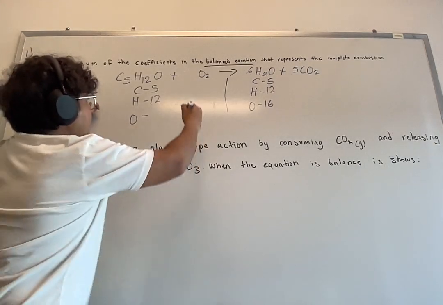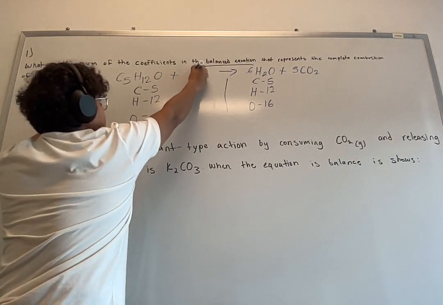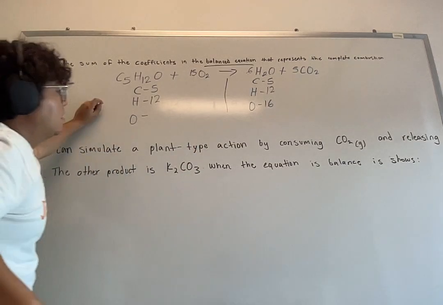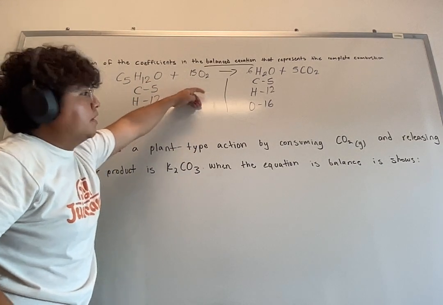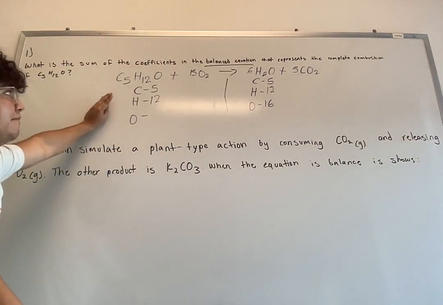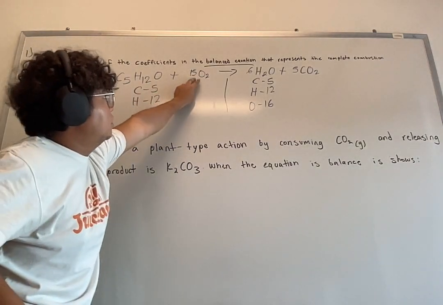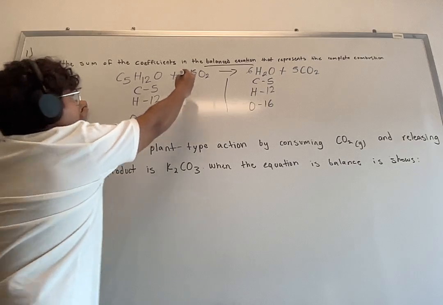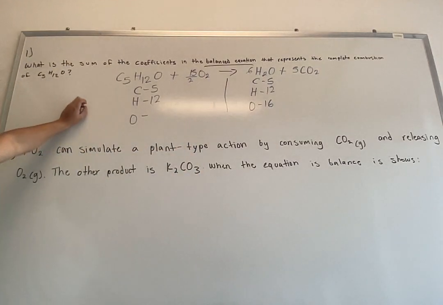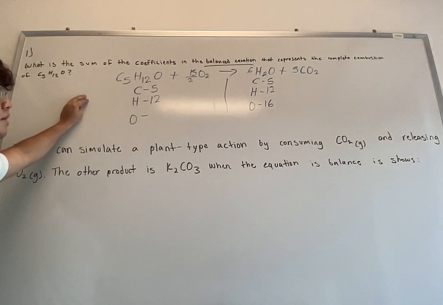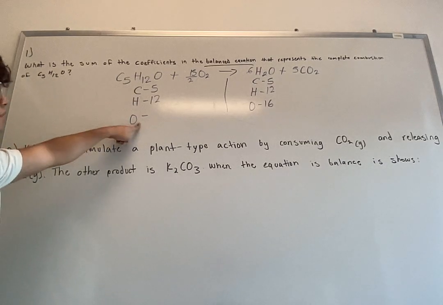Now, the problem here, oh man, I wish I could put 15 right there. The problem here is that oxygen is diatomic. So for me to actually get 15 from this oxygen, I would have to divide by 2. And this would give me the coefficient that I need to actually have 16 on this side.